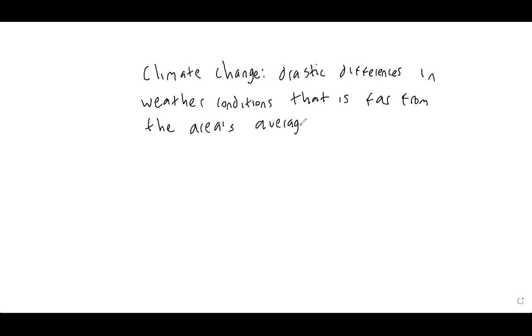So to give you an example, a couple of years ago, I believe it was in 2018, we had the polar vortex. The polar vortex caused sub-freezing temperatures in parts of the country.